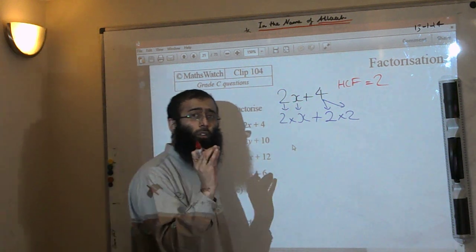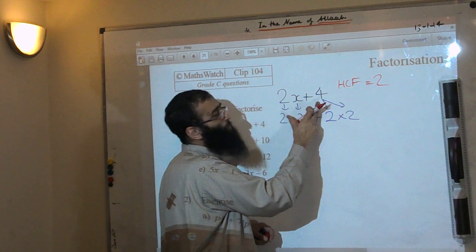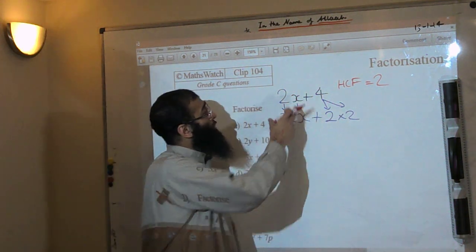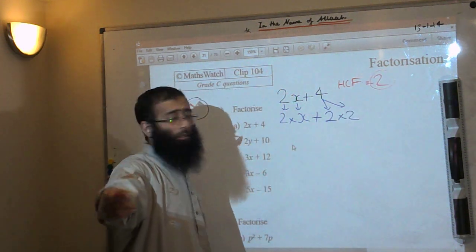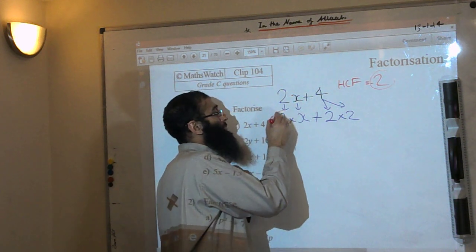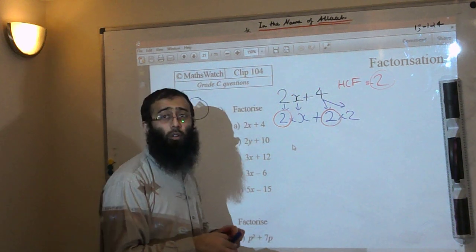So before we even start doing the question, we have to think: 2x add 4, they share a highest common factor of 2. Highest common factor is 2.